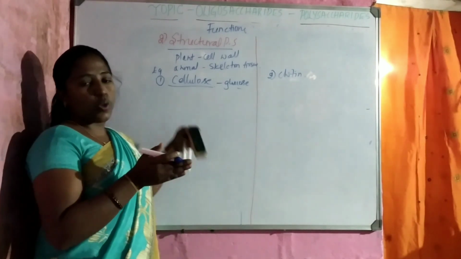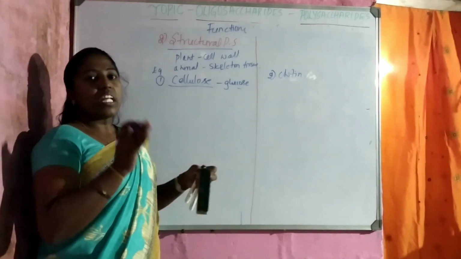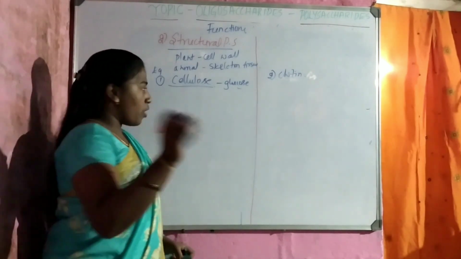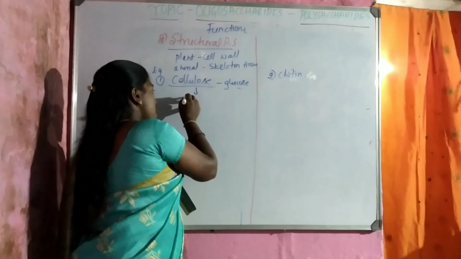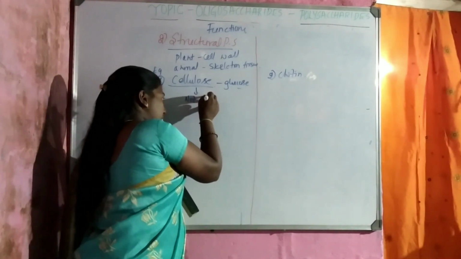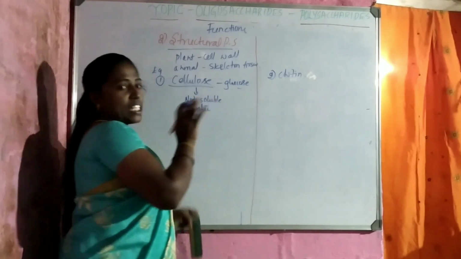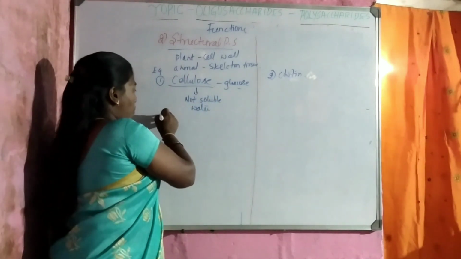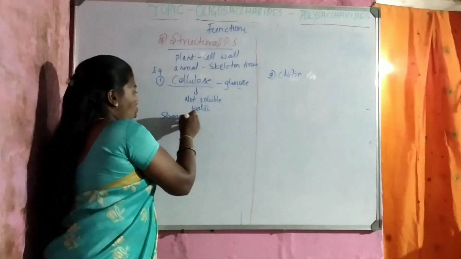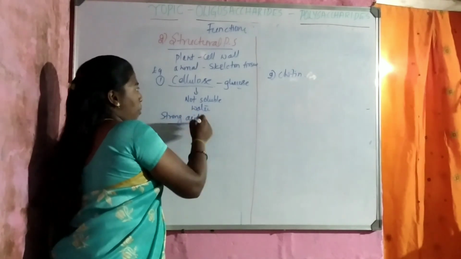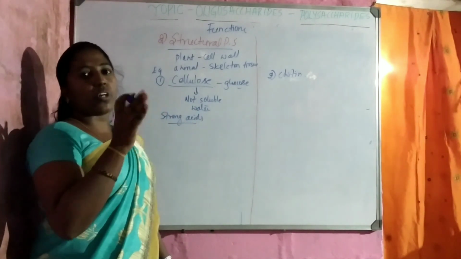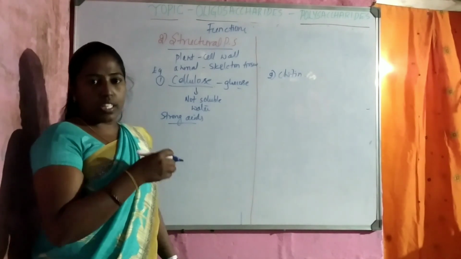The hydrolysis of cellulose is done with the help of strong acids. So hydrolysis of cellulose can be done with the help of what? Some strong acids. With the help of this, cellulose can be broken into simple sugars.